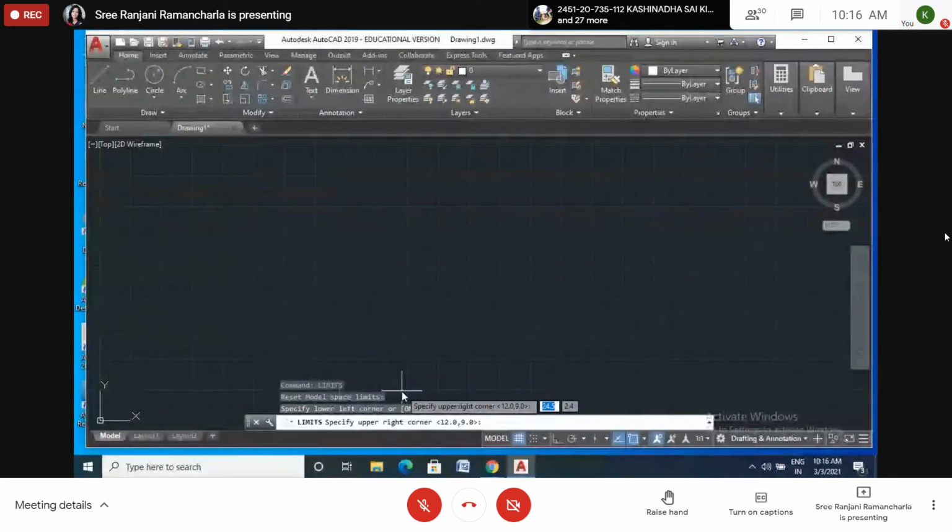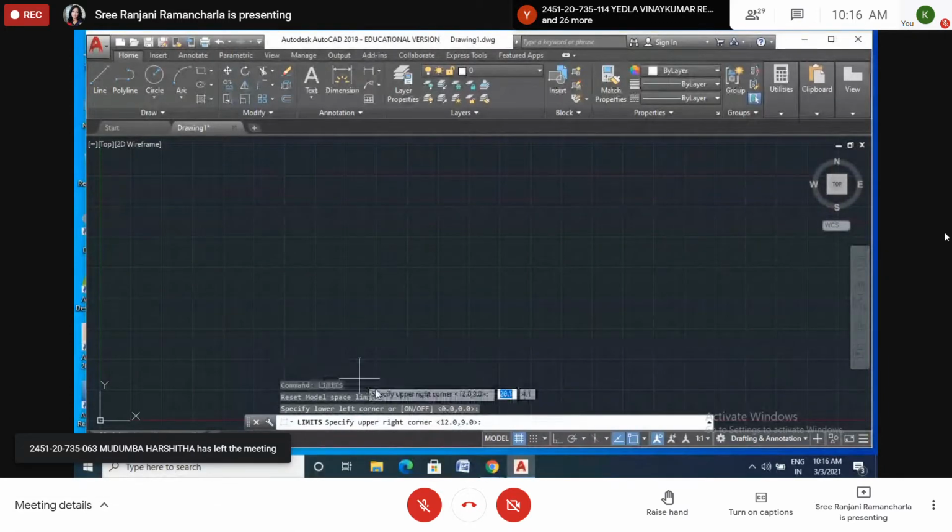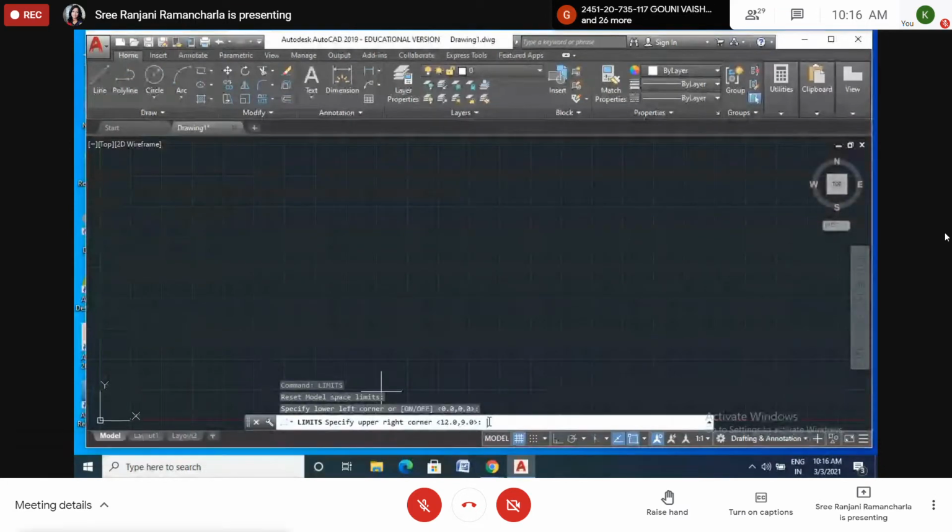When we draw a line, we'll get a very small line, right? So we have to set this one, otherwise we'll get only a small space. Again, we would need to zoom. So here we'll change it as per our limits. That is 200,200 as per our A4 size sheet. 200,200.